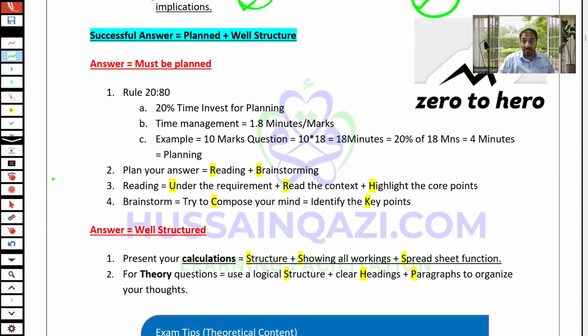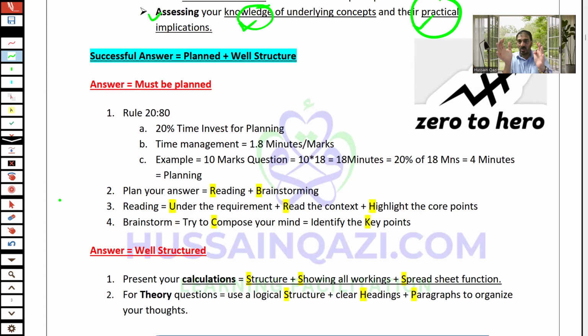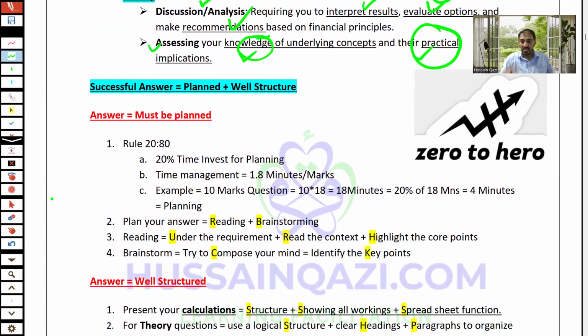So these are some rules that you have to follow, either for calculation or theory. The rule is simple: your answer must be planned and well structured. If you really want to conquer your exam, if you really want to conquer your Section C, two things are important.